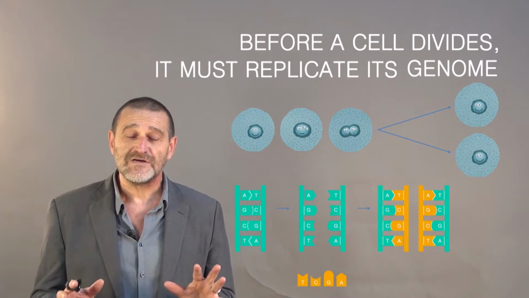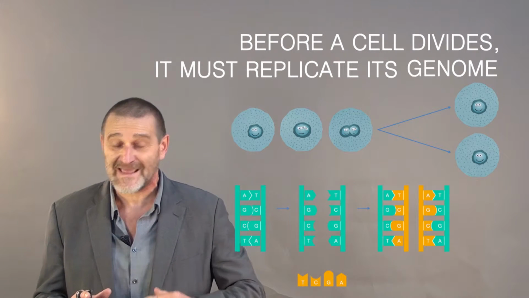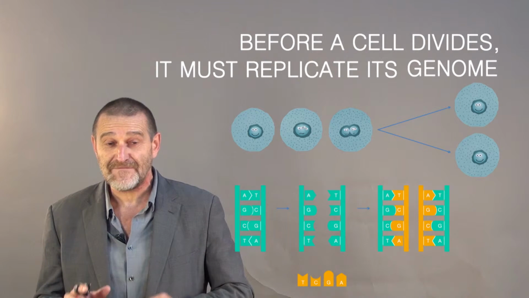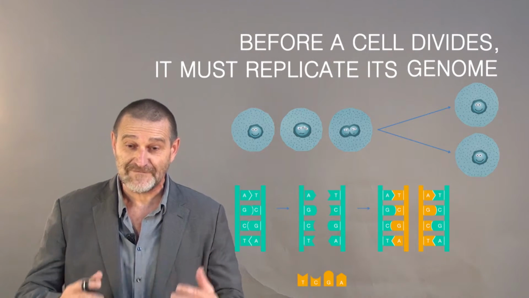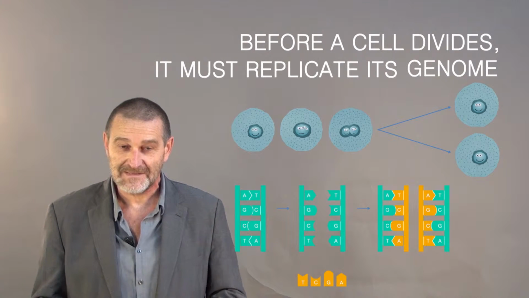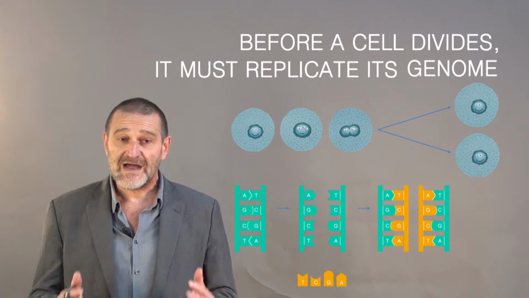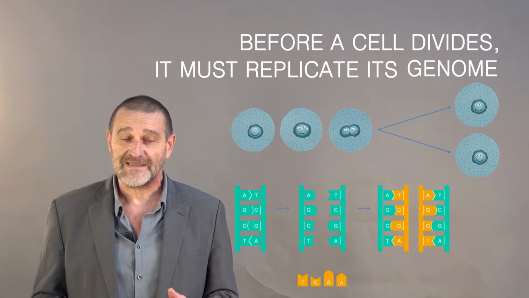You need to make sure that there are enough free-floating nucleotides so replication can complete. Because if you start replication and you have to stop in the middle because there is no energy left, you are dead. So in this course, we will learn about this and many other challenges related to replication.